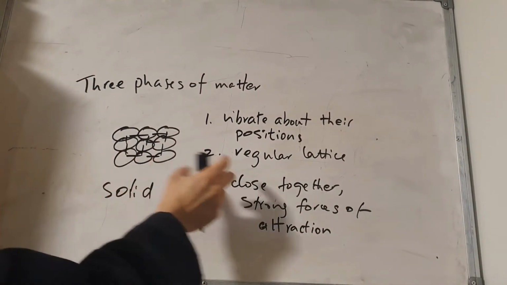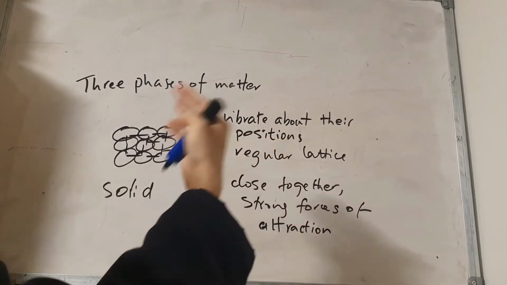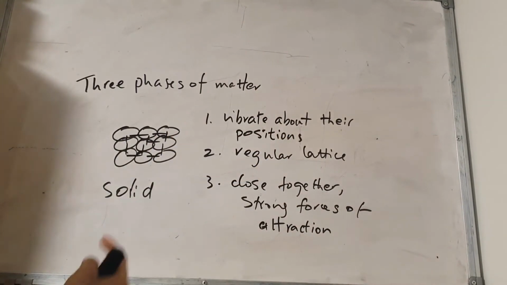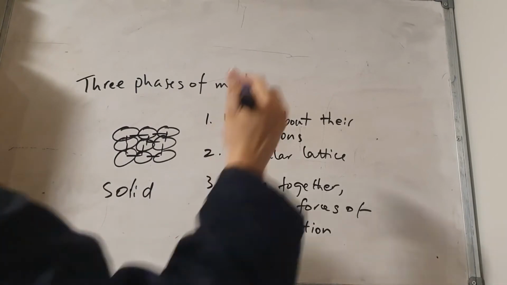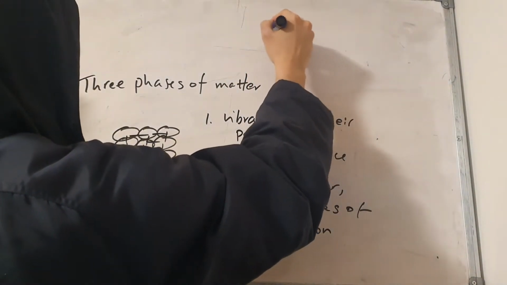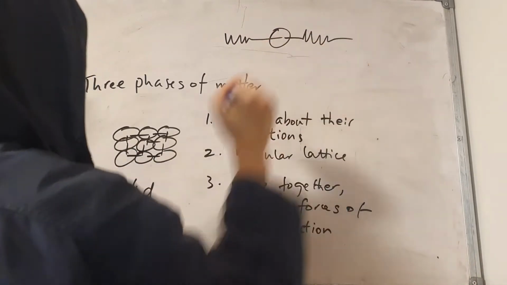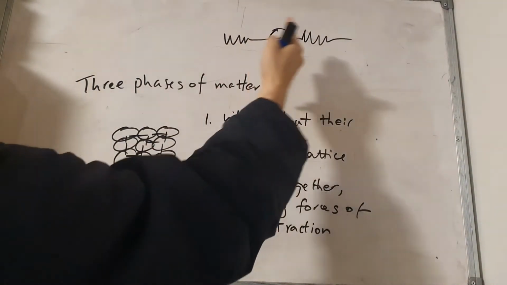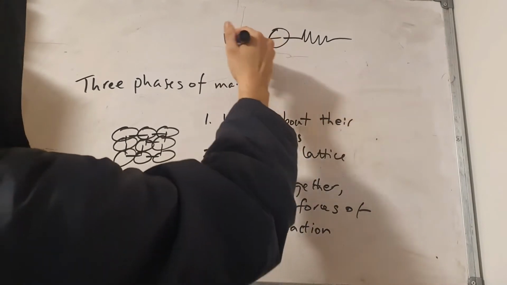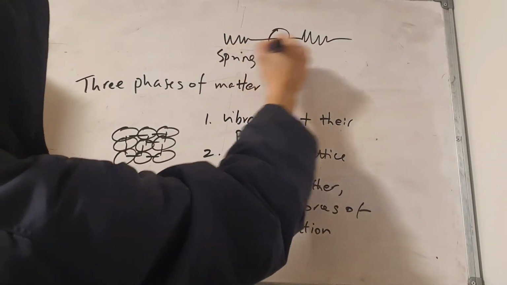It will vibrate about its own position, but it doesn't actually move. So it's not like a liquid. Let's just say that this is one of the atoms, and supposing this is a spring, so it will vibrate about its position.